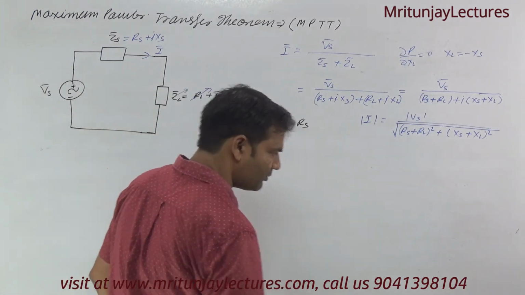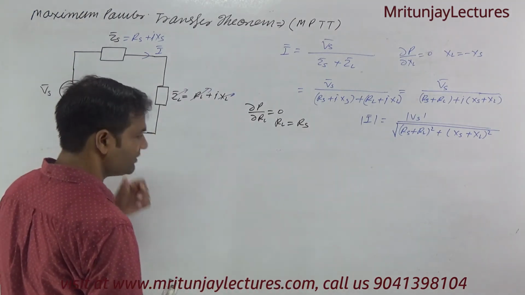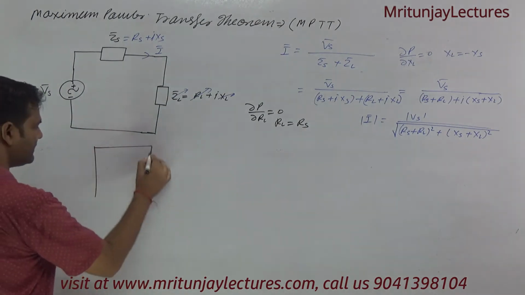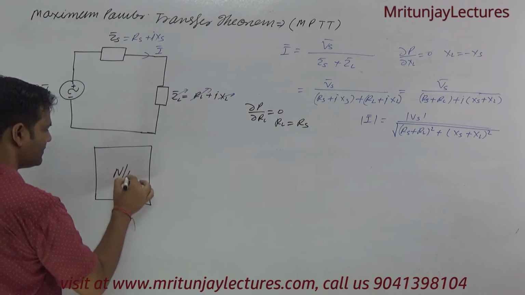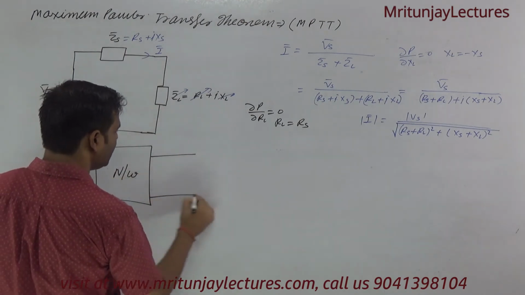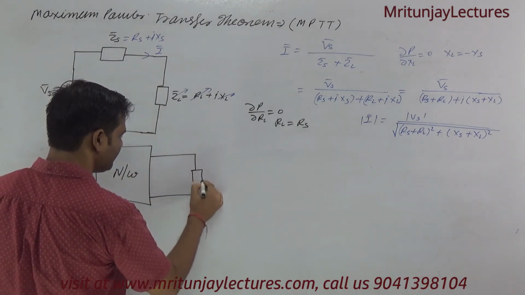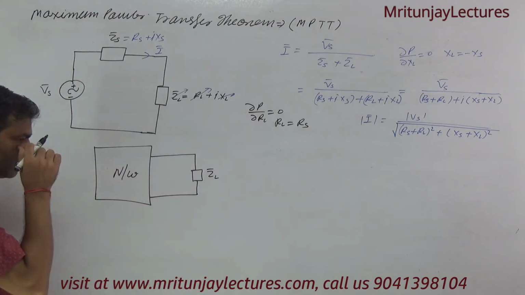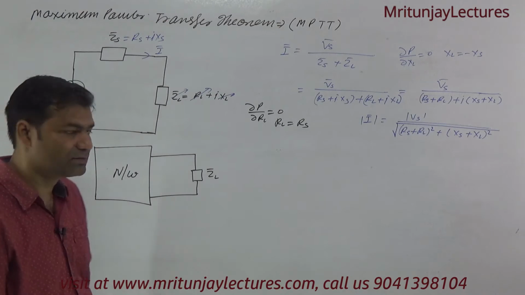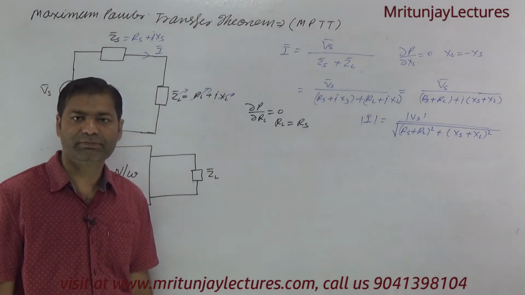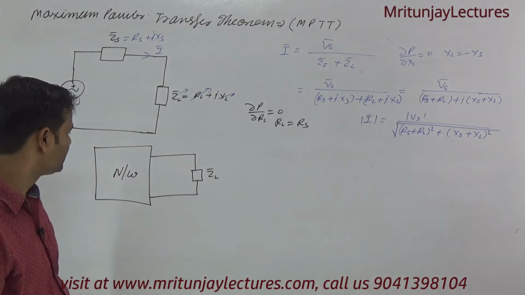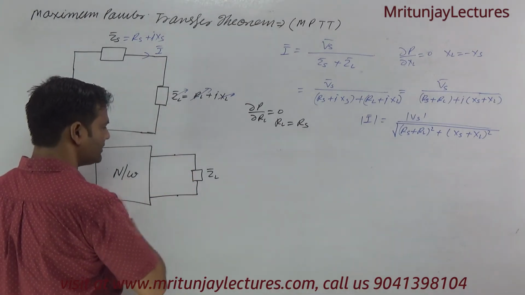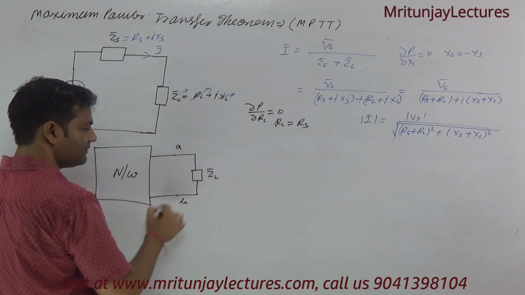But most of the time the question is not given like this. Usually a question is given as a network with a load ZL connected here, and it asks for ZL corresponding to maximum power. If this type of question is given, then suppose that is A and B.